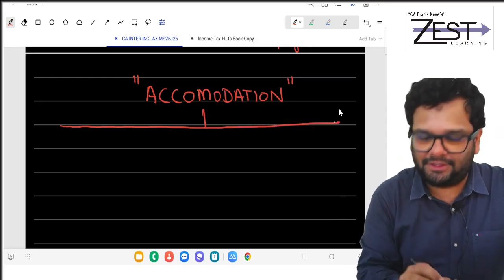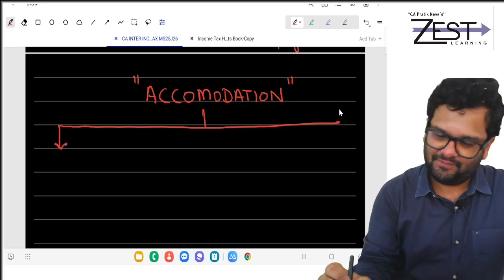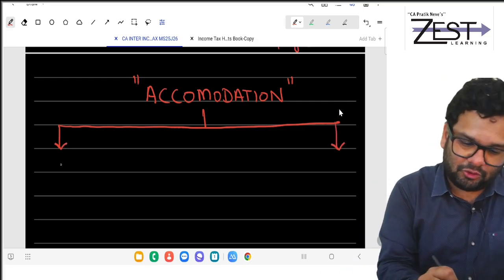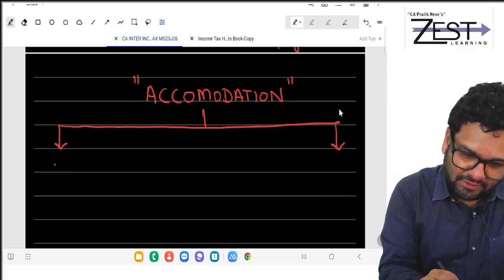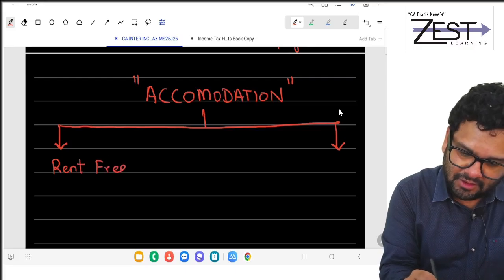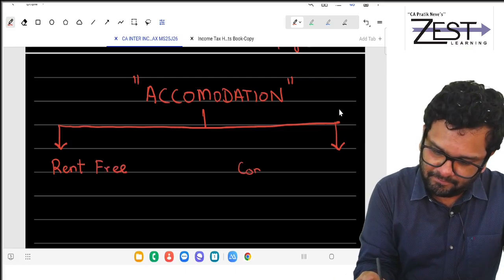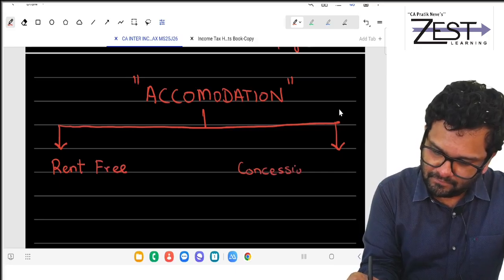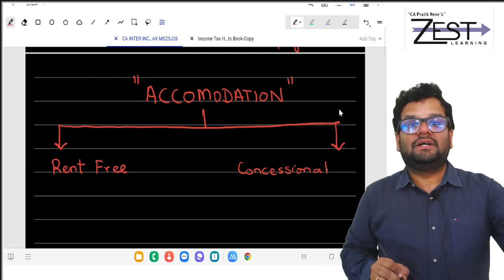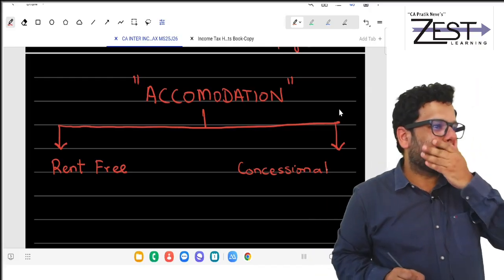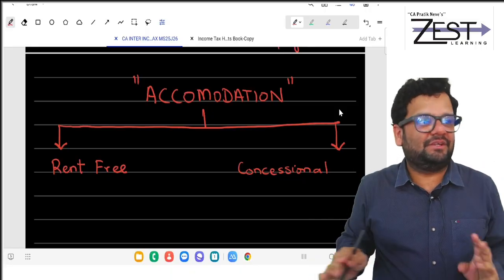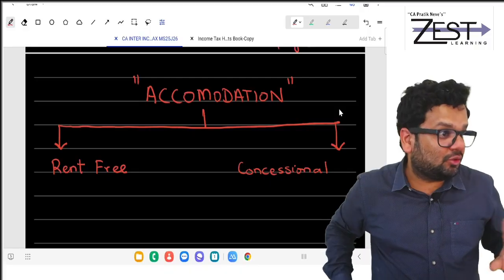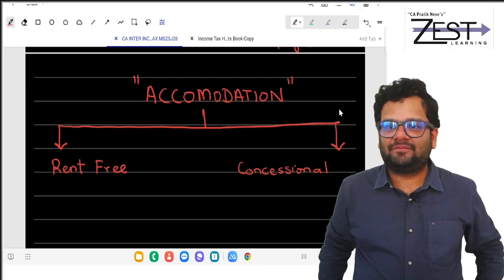What all are the possibilities? House given to you could be given rent free, or the house could be given concessional. Rent free means what? Employer says take the house, live in that house. House is not sold, it is given for staying.